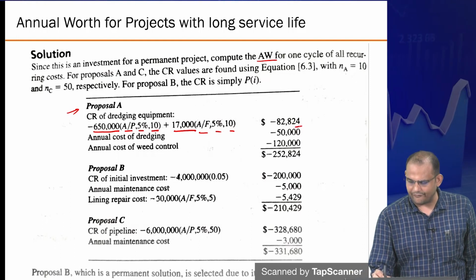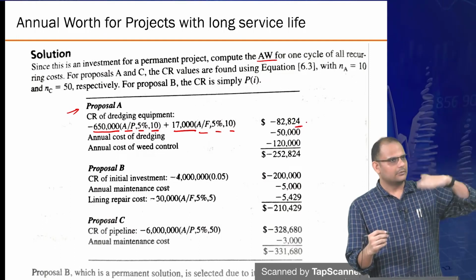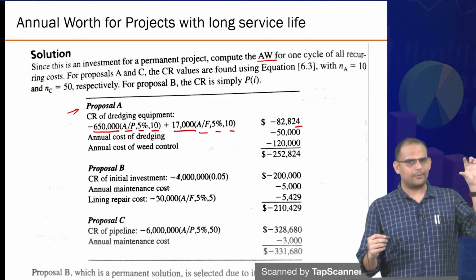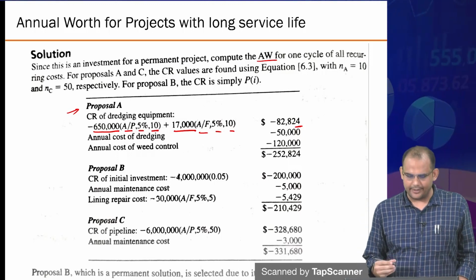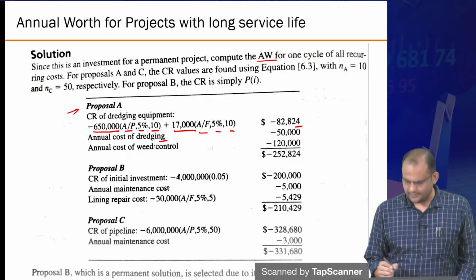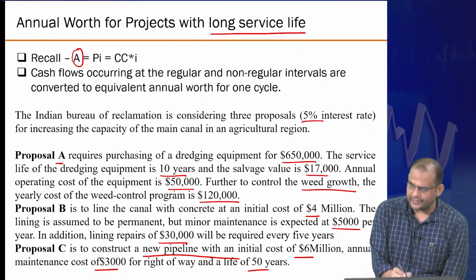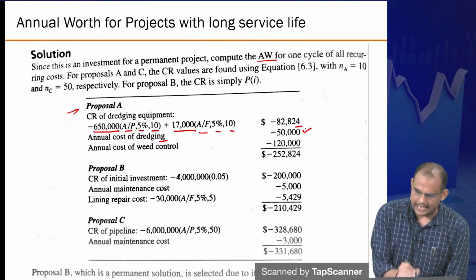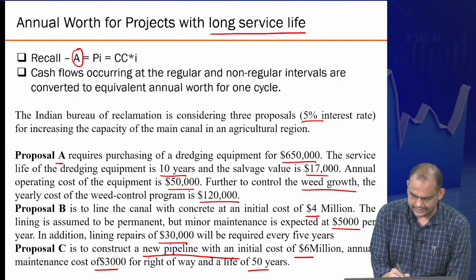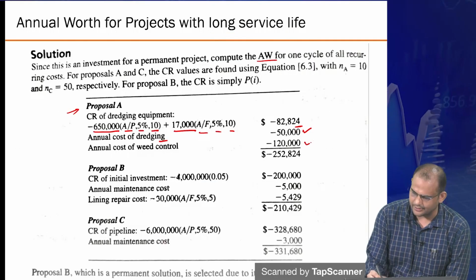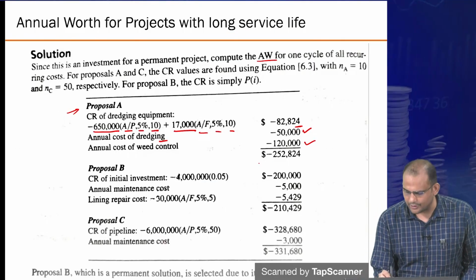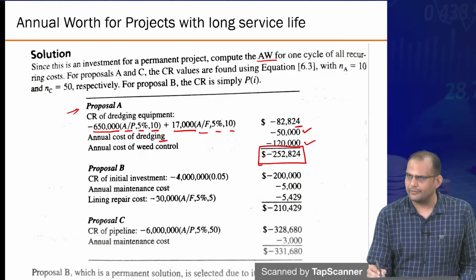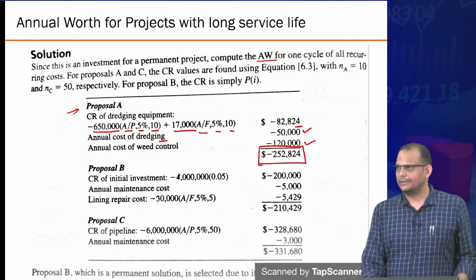So you have gotten the effective annual cost required for this particular equipment to be there for 10 years, right? Annual cost of dredging is already given to you, $50,000. Annual cost of weed control is given to you to be $120,000. So the total annual cost for option A would be the sum of these 3, right?